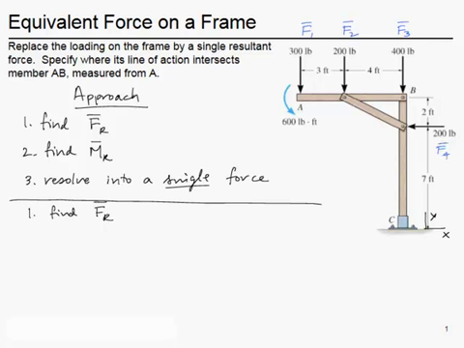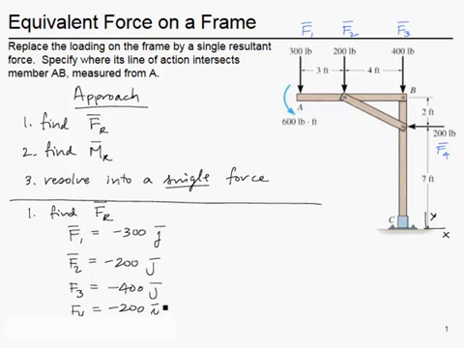If we do that, we can write in a pretty convenient way F1 is minus 300 in the j, F2 is minus 200 in the j, F3 is minus 400 in the j, and F4 is minus 200 in the i. These things all have units of pounds.